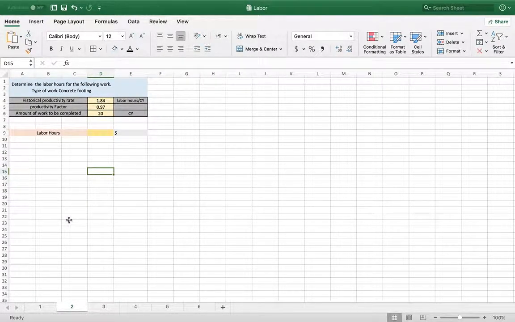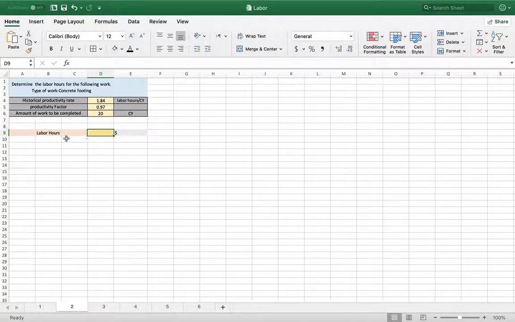The second question, determine labor hours for the following work type for concrete footing. So in this question give us the historical productivity rate and the productivity factor and amount of work to be completed.